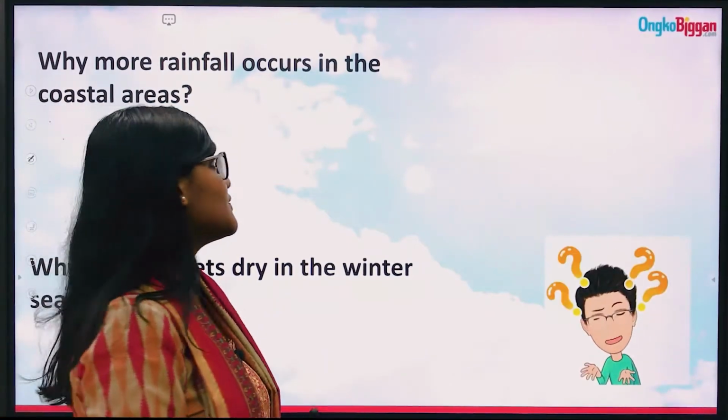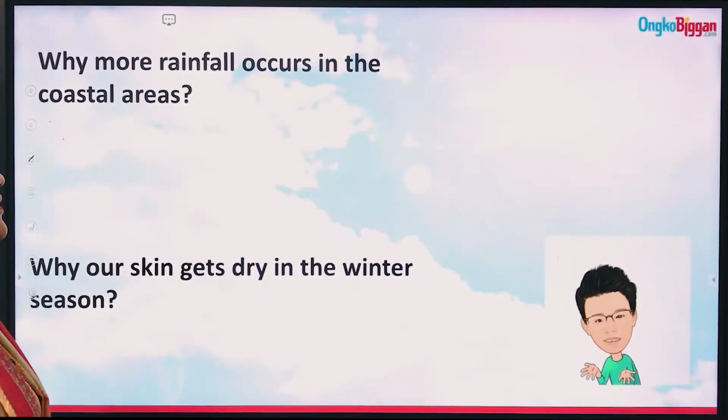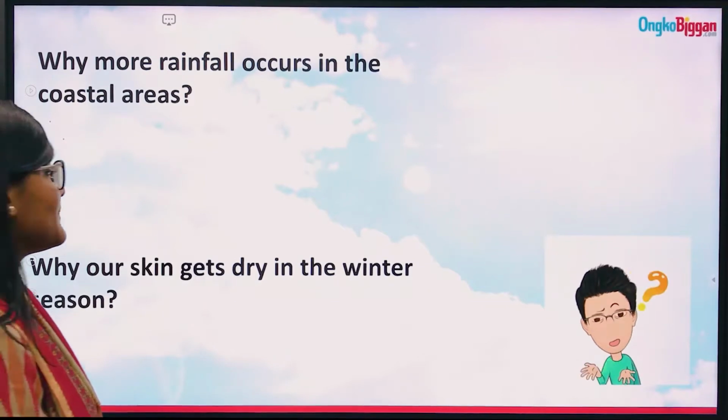So now we have two questions. Why does rainfall occur more in the coastal areas?